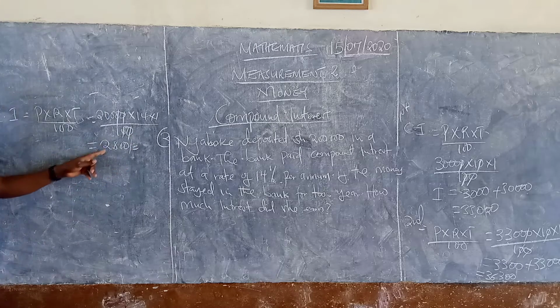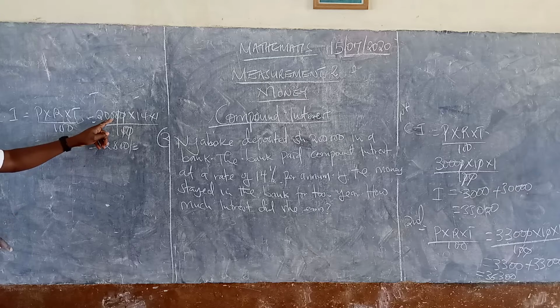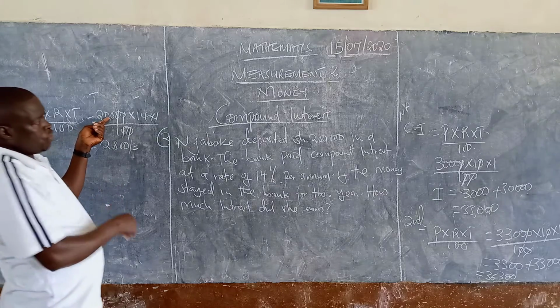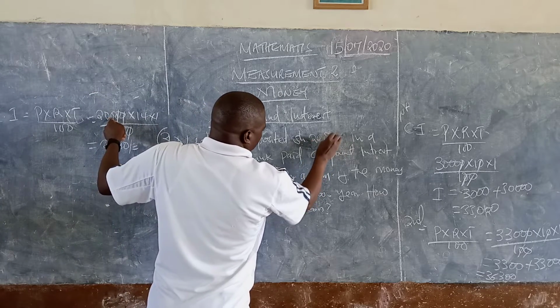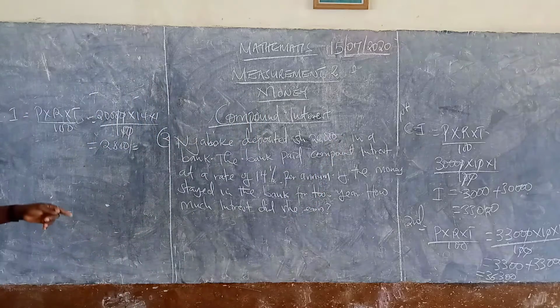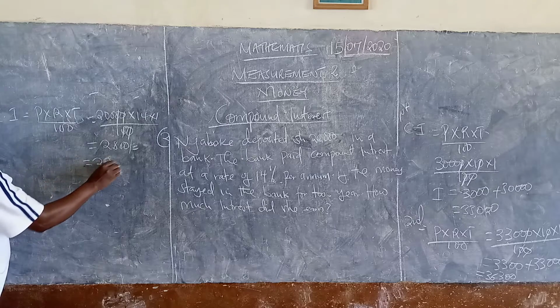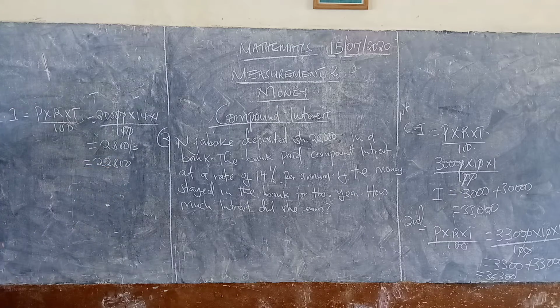Take the interest for the first year, add to the principal at the beginning of that year, which is 200,000. Let's just use 20,000. So when you add 20,000 plus 2,800, we have 22,800.